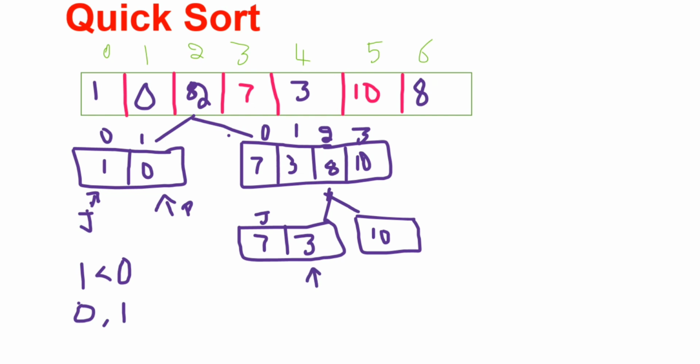I compare j with the pivot element. 7 is greater than 3? Yes. What we need to do is swap j and the pivot element. So what we get is 3 and 7.